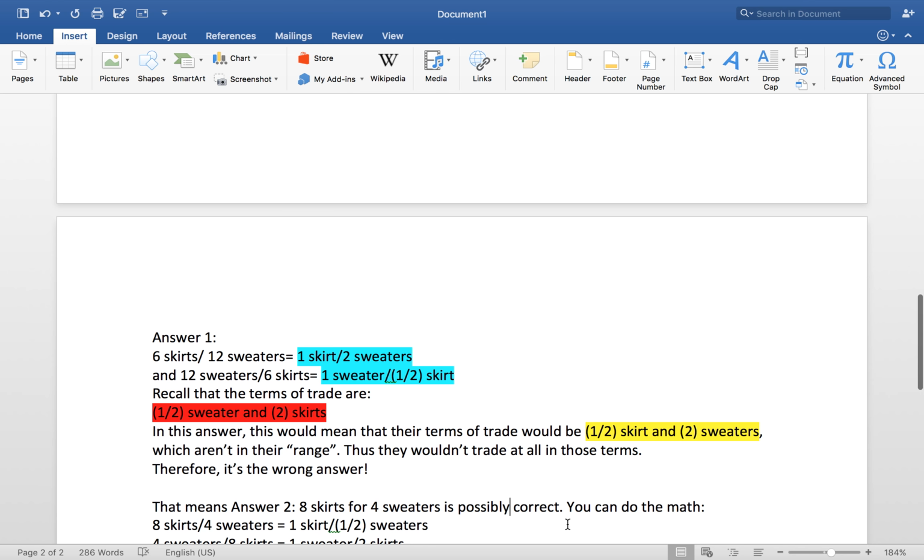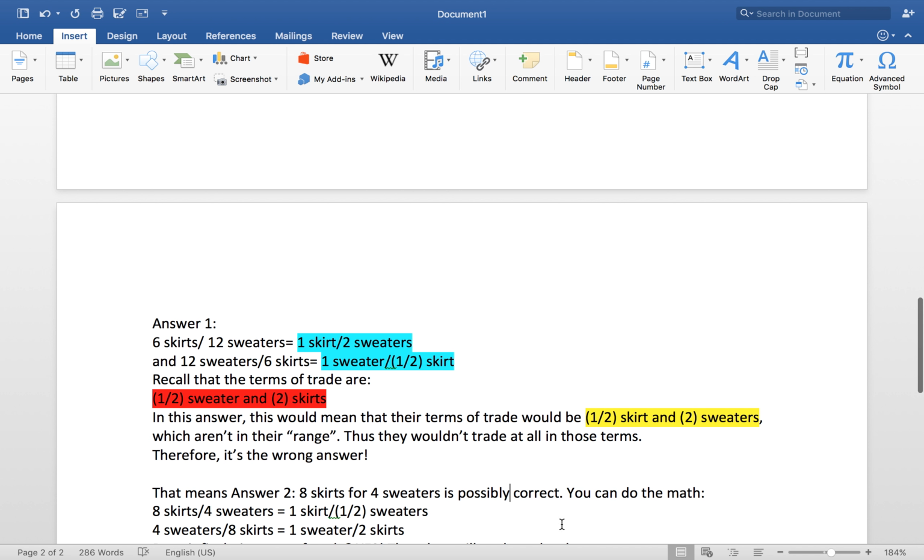And to figure out if this is actually correct, we're going to have to do some math here. All right. So it says 8 skirts per 4 sweaters. Let's figure out this opportunity cost right here. So for 8 skirts and 4 sweaters, we want to figure out the opportunity cost of making 1 skirt.